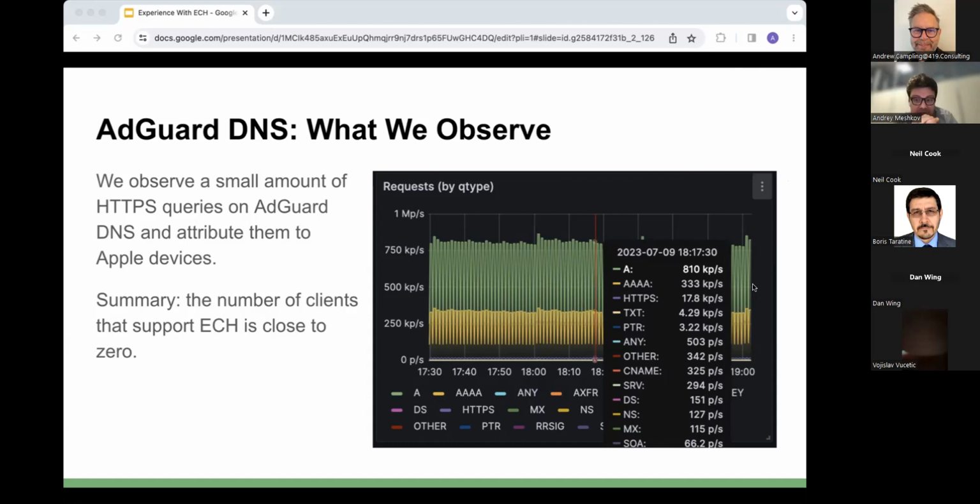But at the moment, there are none. And finally, the number of clients that actually try to request HTTPS to discover whether the server supports ECH or not is close to 0.